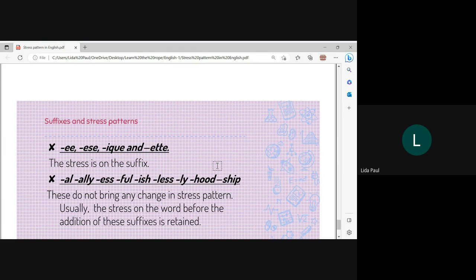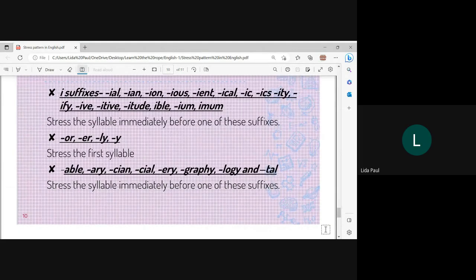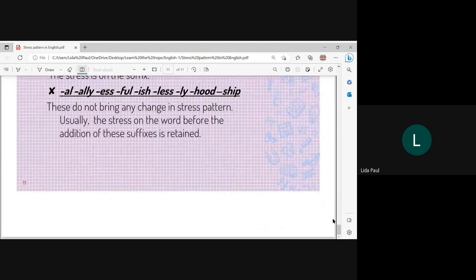Computer is a derived word from the verb compute. So by rule it's marked on the second syllable in compute, and because er, like we already discussed, is also sometimes a neutral suffix.